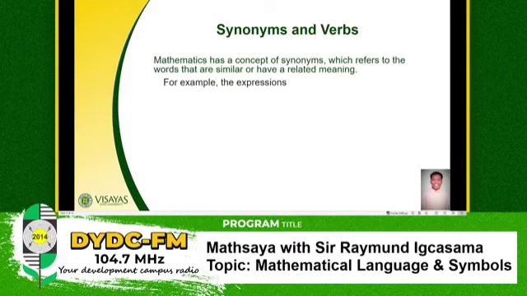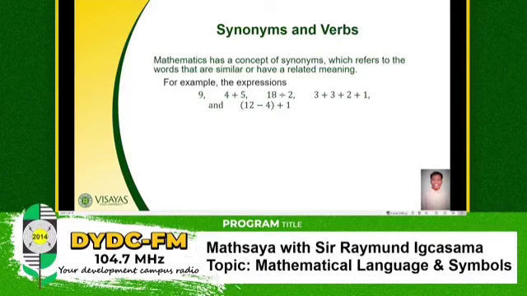So we have here examples. We have 9. 9 could also be expressed as the sum of 4 and 5. So 9 and 4 plus 5 are synonyms, because if you add 4 and 5 it is equal to 9. 9 could also be expressed in terms of division, like 18 divided by 2.